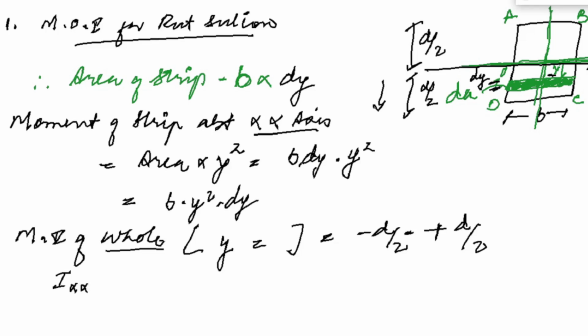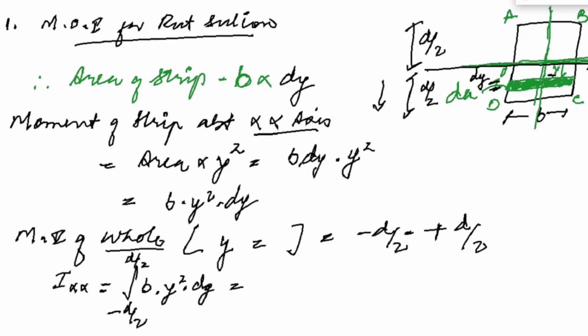I'm not talking about any other axis. I'm just talking about the moment of inertia about the x-axis. That will be simply equal to the integral from minus d by 2 to plus d by 2 of B y square dy. B won't change.